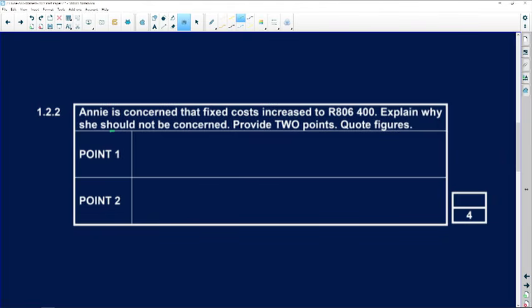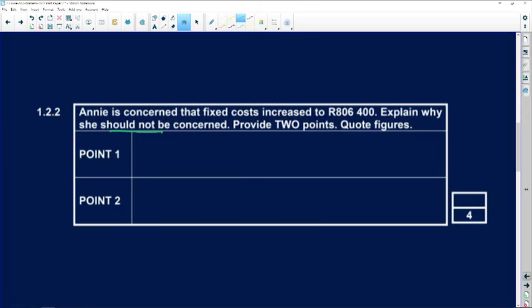Explain why she should not be concerned. Provide 2 points, and they want you to quote figures. Right, so I know we didn't examine the info carefully in terms of total cost of production. So let's do that, and then we'll look at why Annie should not be concerned about the fixed cost increasing.